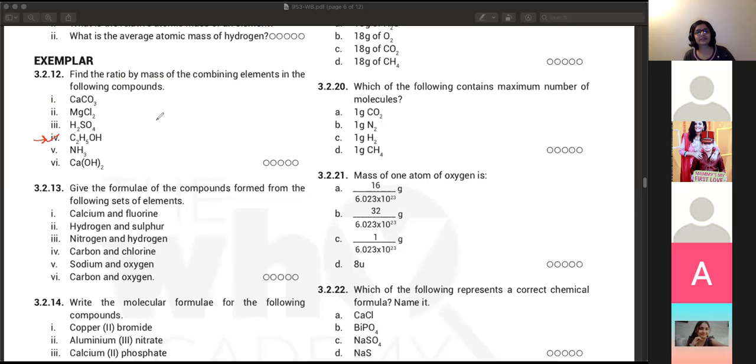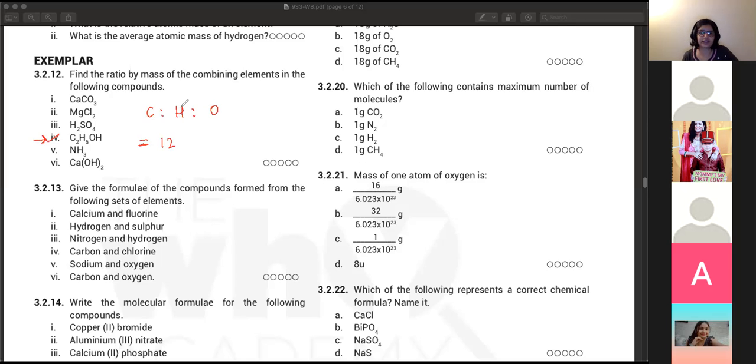C2H5O. Okay, ma'am, so the elements are C, H, and O. The masses will be 12, 1, and 16.